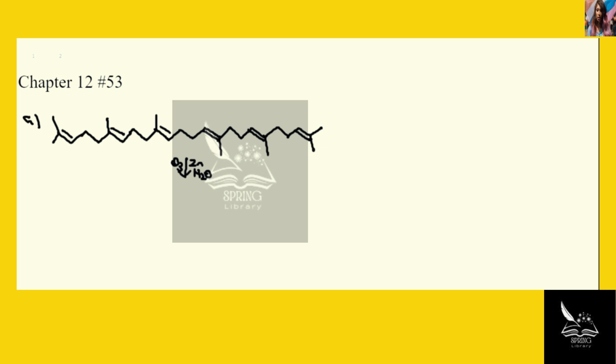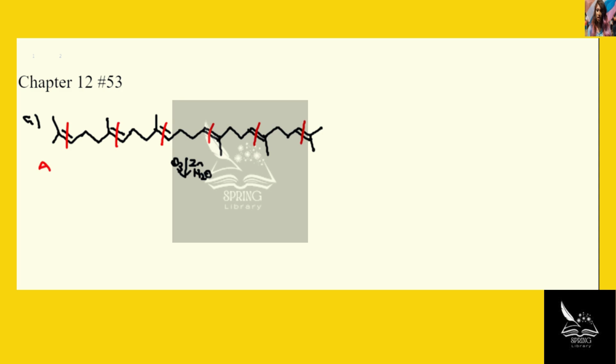And so looking at this first molecule here, A, what we can do is draw a line through each alkene, and that's where the molecule is going to be cut. And then to make this easier, we can look at all of these pieces and try to identify which pieces are the same, because there are a lot of repeats in this molecule.